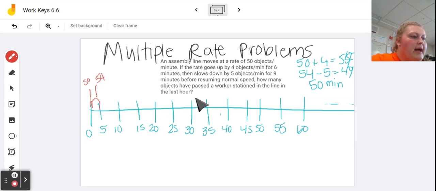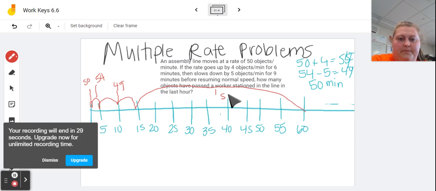Next, I have 9 minutes going at 49. So I'm going to go 5 to 10 plus to the 14. So that is 49. Then the remaining time is spent at 50 objects a minute, excuse me.